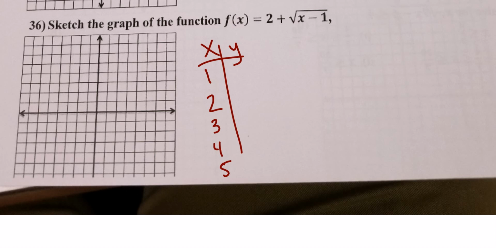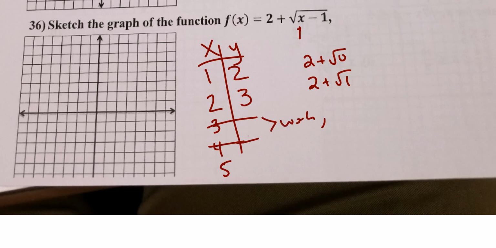All right. So I plug it in. I plug in 1 right there. I get 2 plus the square root of 0, so I get 2. Then I plug in 2. I get 2 plus the square root of 1, which is 3. I don't even worry about 3 and 4. They work, but they're decimals.